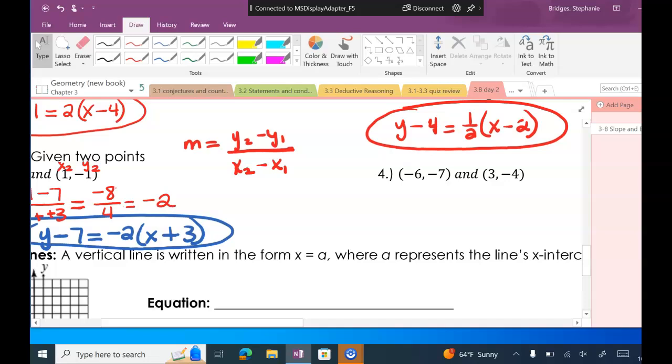So when you plug in y2 minus y1 minus that negative, and then just make sure you. That's right here? Yes.